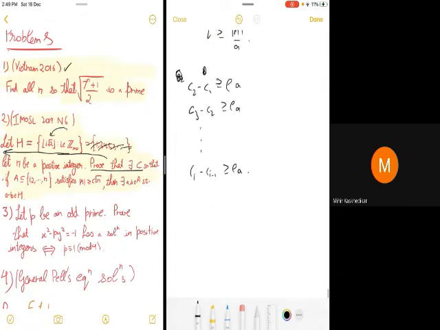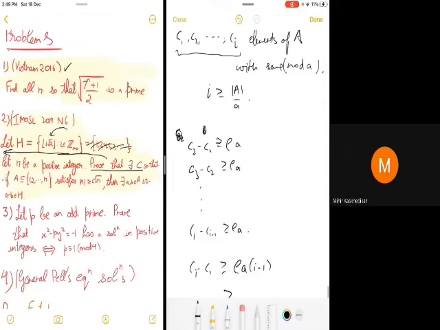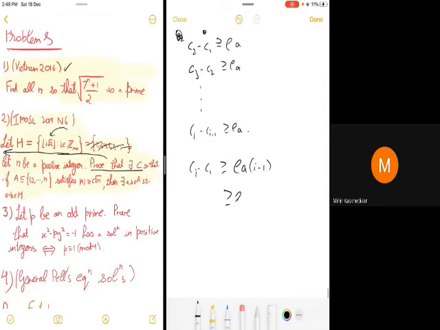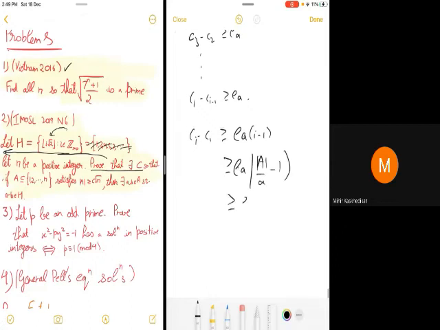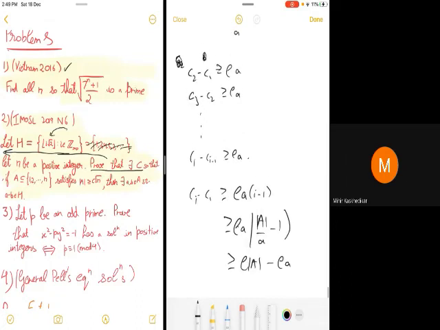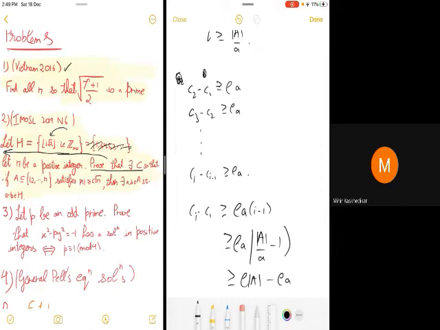From these we get CI minus C1 is greater equal LAI minus 1, which is greater equal because I is greater equal cap, like, mod A by A minus 1, which is greater equal L mod A minus LA. Yeah. And what is this bounded? Less than or equal to N. Let's go with less than equal to N.